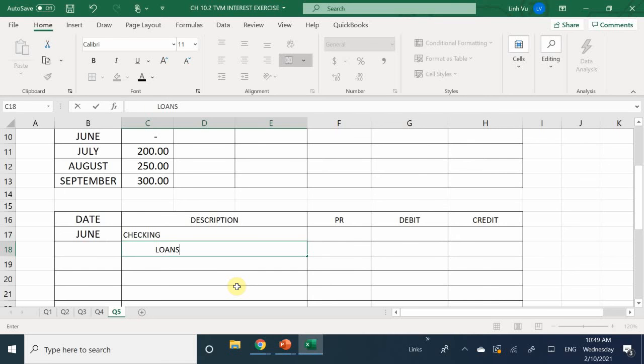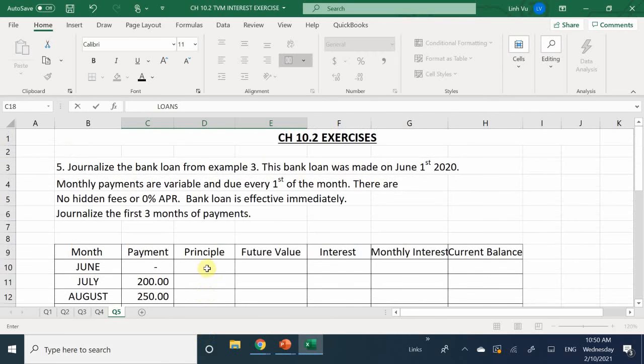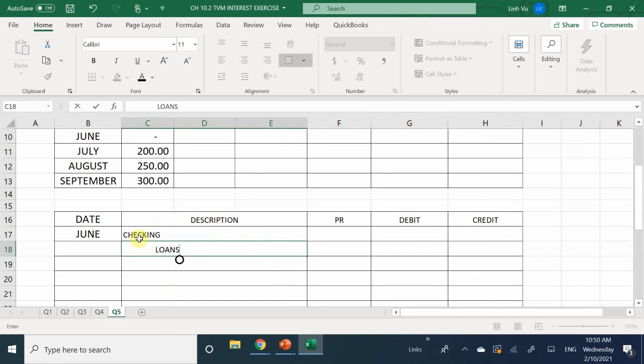You accrue it the day after. In this specific example, I got it in June. If it's monthly compound interest, which it does say here, your automatic assumption is that on the day you receive the loan, you don't accrue interest until the day after.